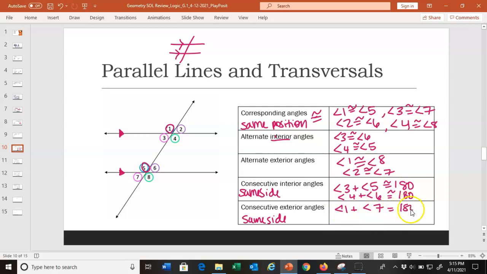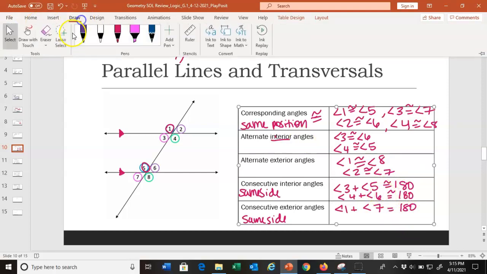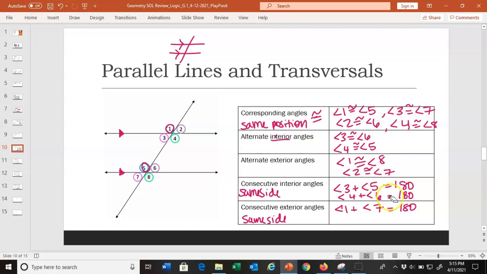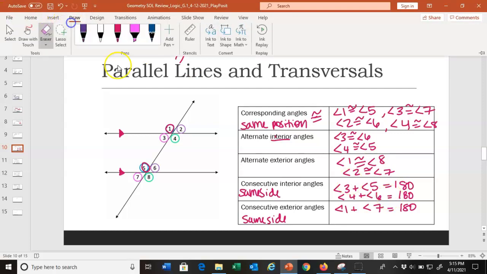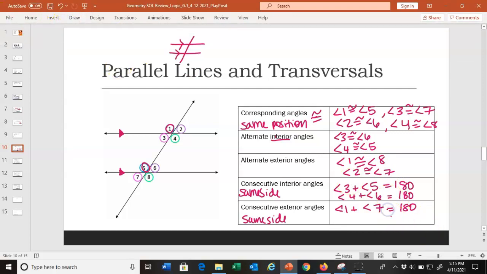Oh, we should not have, let me grab my tool here. These are not, there we go. You add them up and they equal 180. I was in the mode of that congruent. Okay, and then we have angle 2 and angle 8. Same side, but on the outside of the parallel lines.